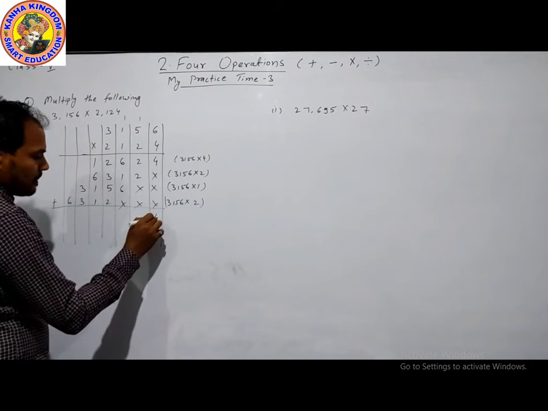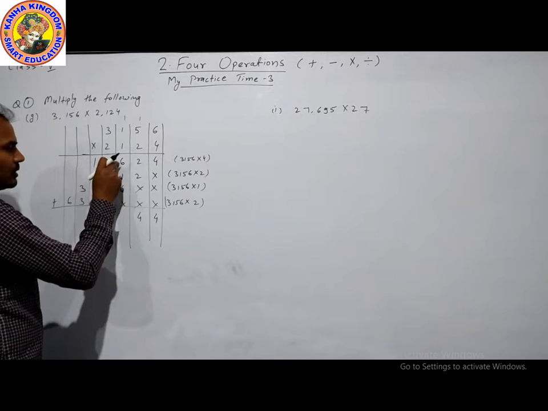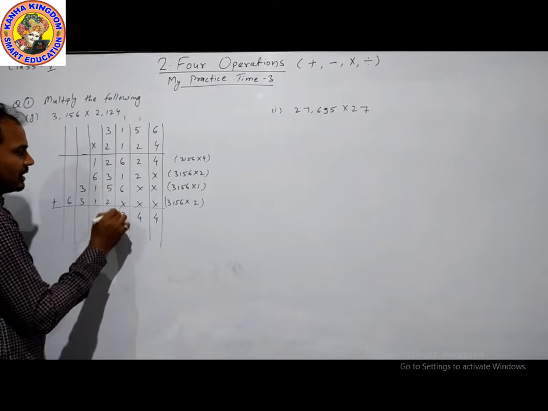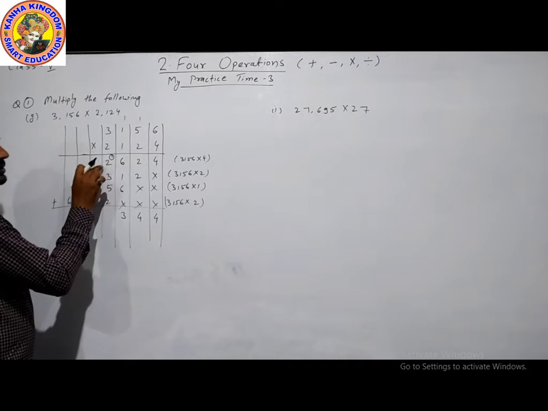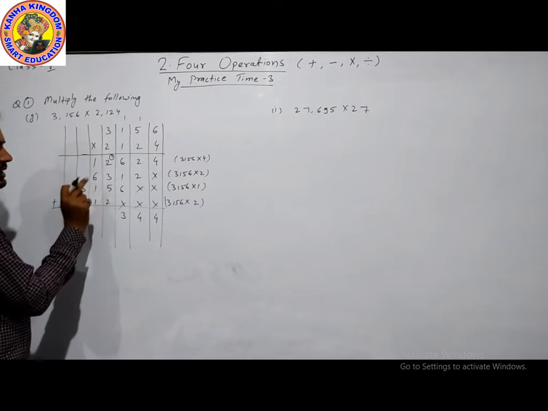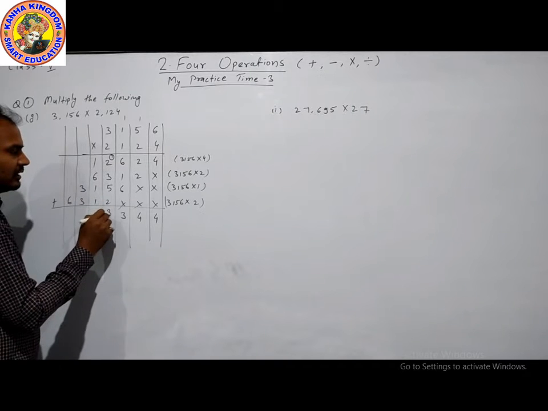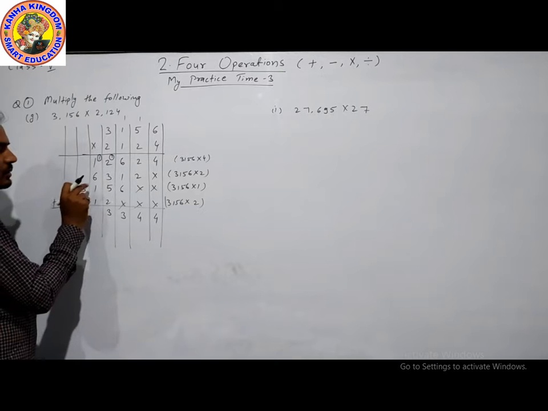4. 2 plus 2, 4. 6 plus 1, 7 plus 6, 13. 1 is carry point. 1 plus 2, 3. 3, 3, 6. 6 plus 5, 11, 13. 1 is carry point. 1 plus 1, 2.